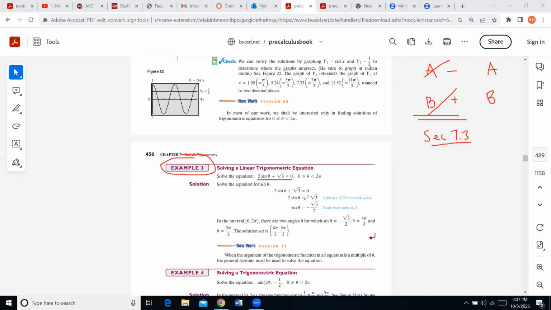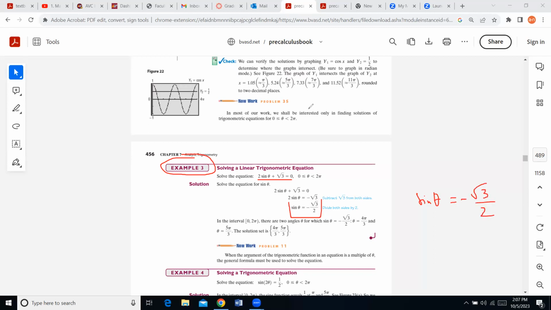They're actually doing a good job solving this, and they end up with something like that. So now comes the key question: how can I possibly find angle theta if sine of theta is equal to negative square root 3 over 2?